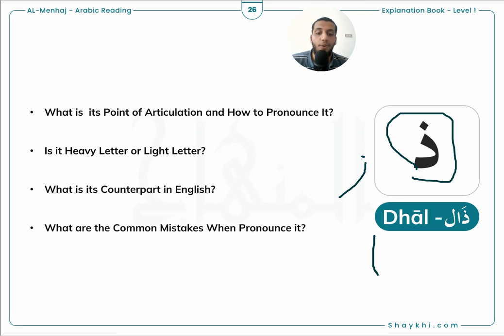They say, for example, the word الذين, but they don't make the tip of the tongue touch the edge of the upper two front incisors. They say it with a Z sound, and this is wrong, by the way. I have a surprise for you: this mistake is not just among non-native Arabic speakers.